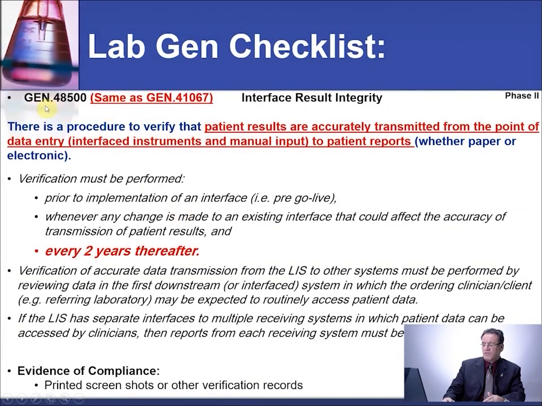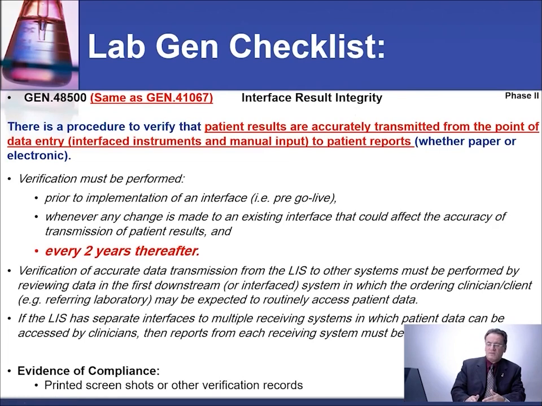Also for Gen 48500, which is the same as 41067, you verify the content format, content verification. This is interface result integrity. Basically, it's the same thing. You want to see what was transferred is the same in the computer.